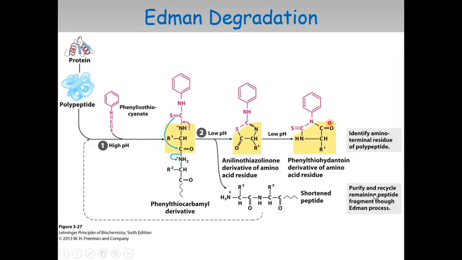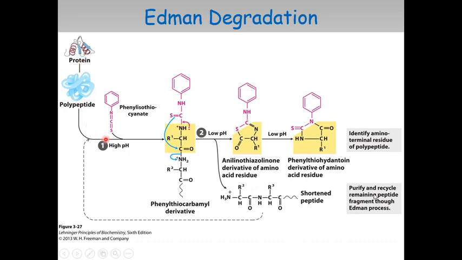The reaction shown in this slide is what is called Edman degradation. Now, in this procedure, the protein is first denatured, wherein it loses its three-dimensional structure or tertiary structure and becomes just a polypeptide.